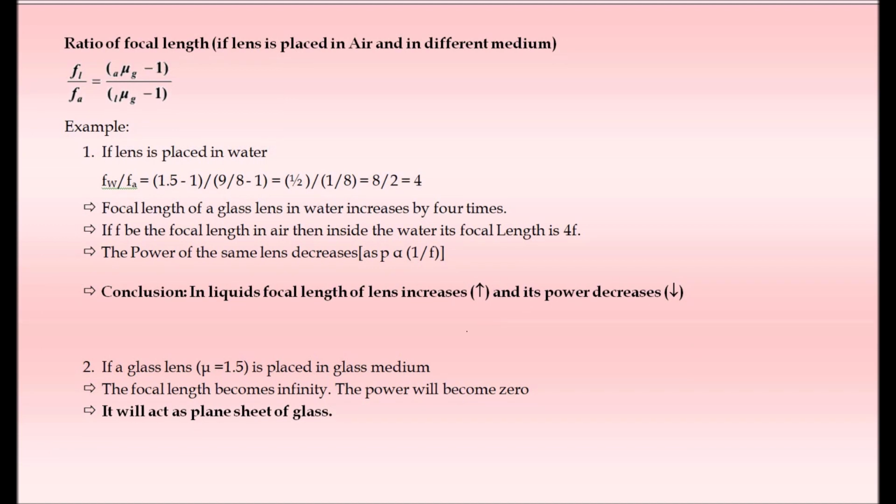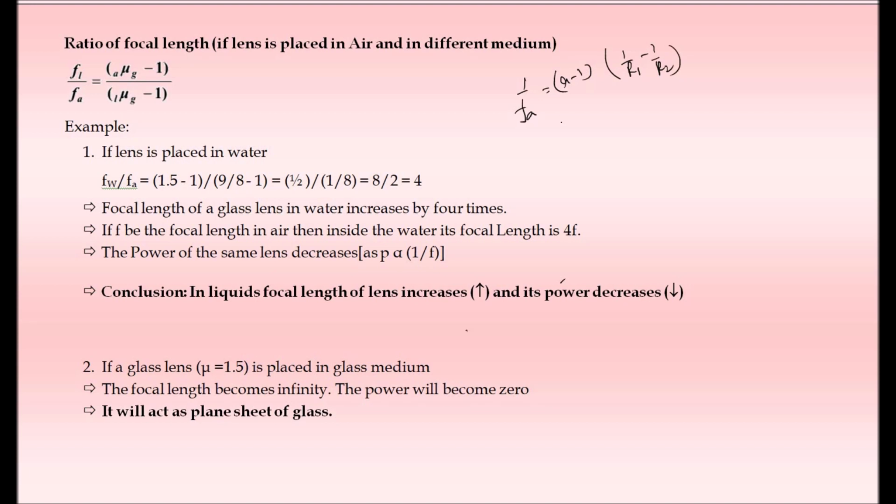As we know, if a lens is placed in air and the radii of curvature are r1 and r2, then the focal length is 1 by fa equal to (mu minus 1) into (1 by r1 minus 1 by r2).